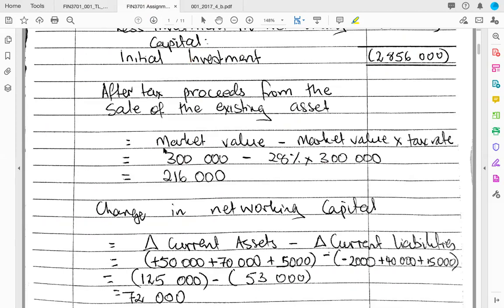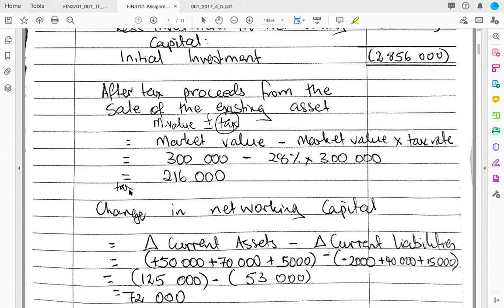To calculate the tax, remember we said the after-tax proceeds from the sale of the existing asset is simply the market value plus or minus tax. And I said sometimes we're not given the tax.